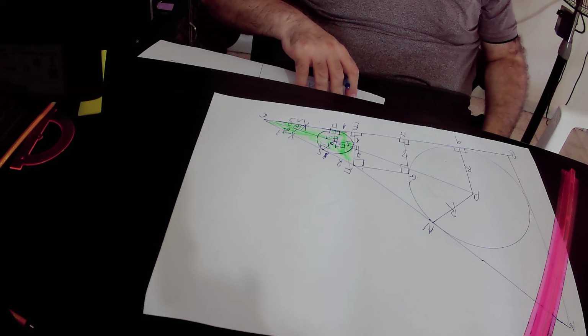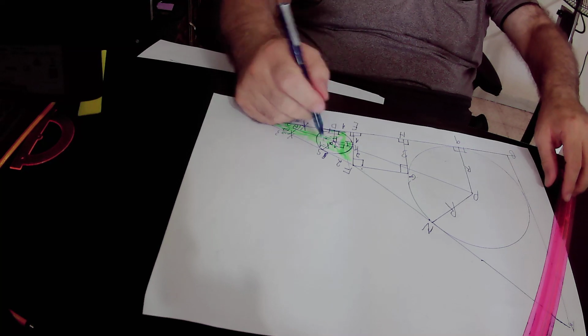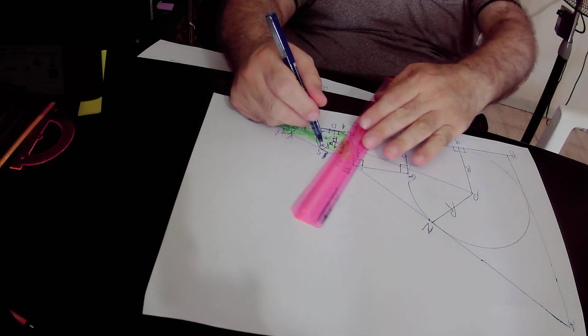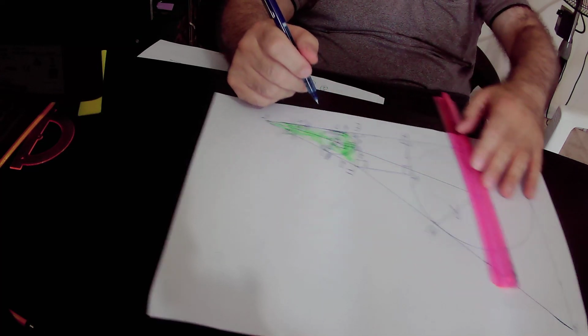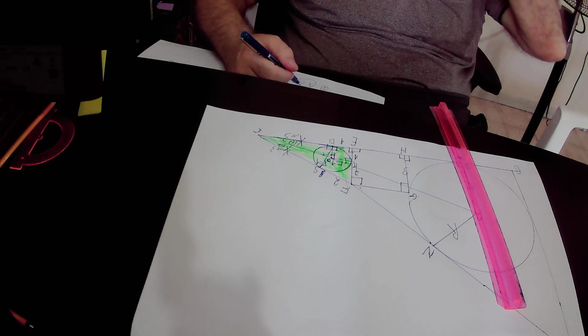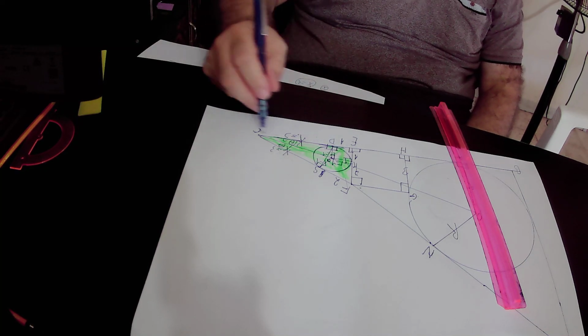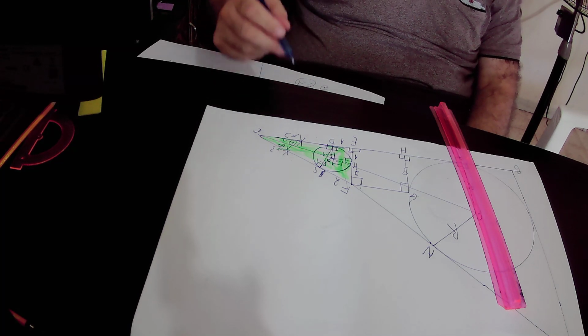But here, before that, we join points S and D together by a straight line. So actually OC is the angle bisector of angle C. I write it down.